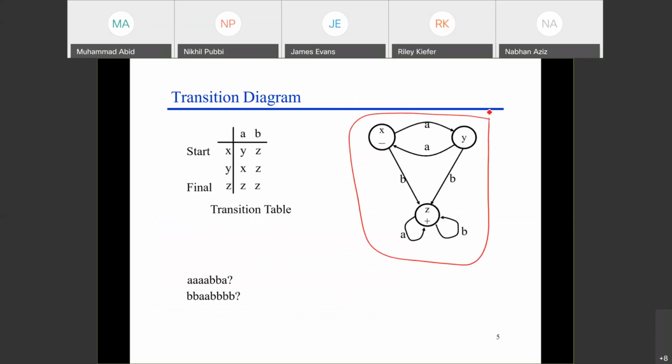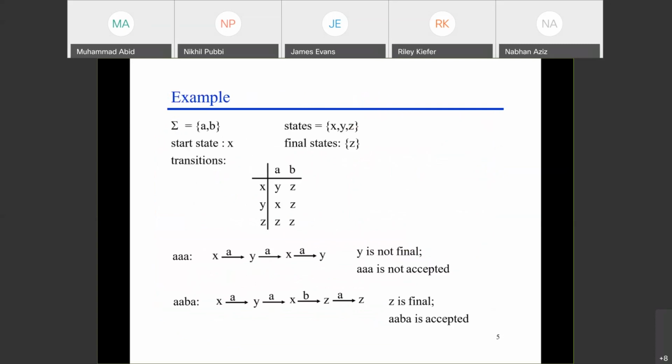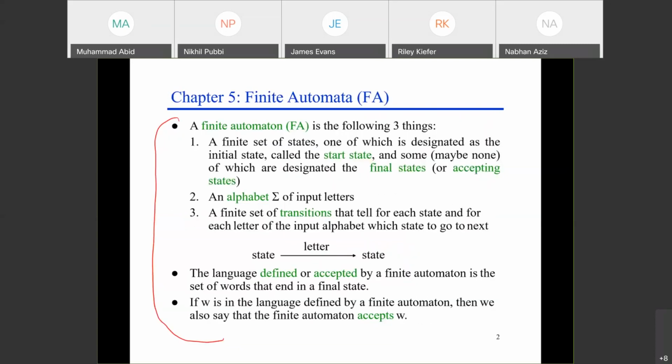Now let's read the definition of FA. FA stands for finite automata. It says that a finite automata is the following three things. A finite set of states. So it will not have unlimited states. It has limited states, one of which is designated as the initial state.